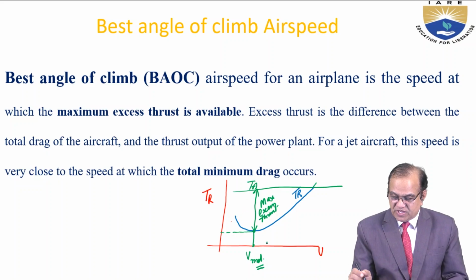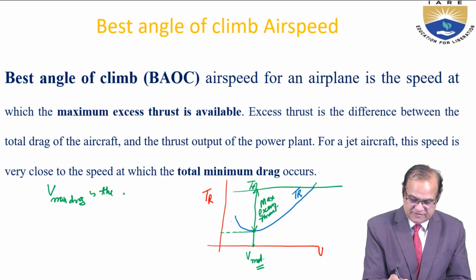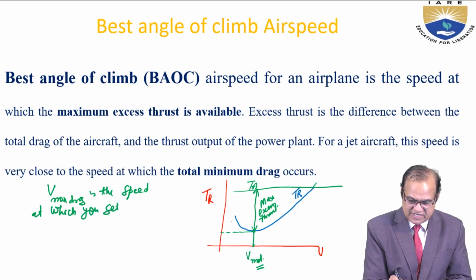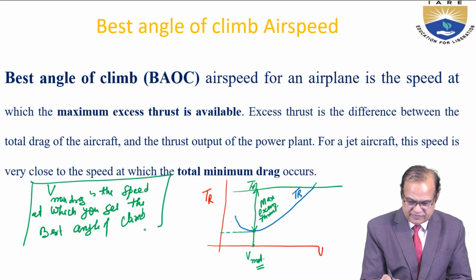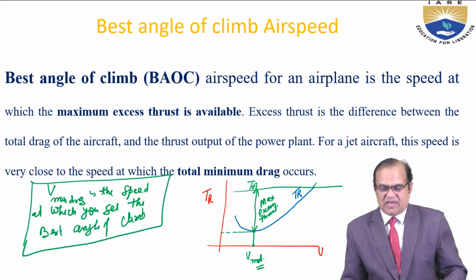So this is the V minimum drag. V minimum drag is the speed at which you get the best angle of climb.